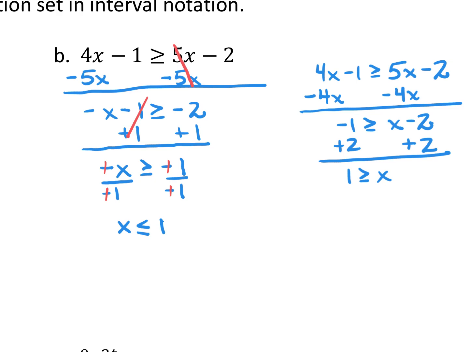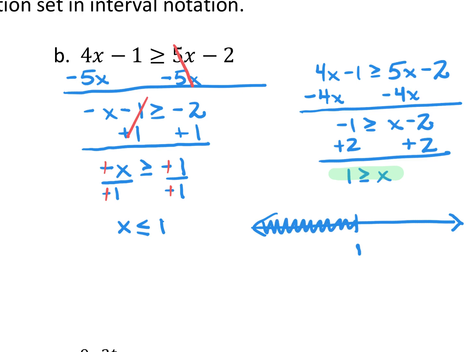All right, we want to graph this. Now, the thing that I want to point out is if you are graphing this one, note you cannot follow the arrow. Remember, you can only follow the arrow if your variable is on the left. And if you notice here, we have 1 is greater than or equal to x. That means that my x values, I want them to be smaller than 1, which means I want the left side.